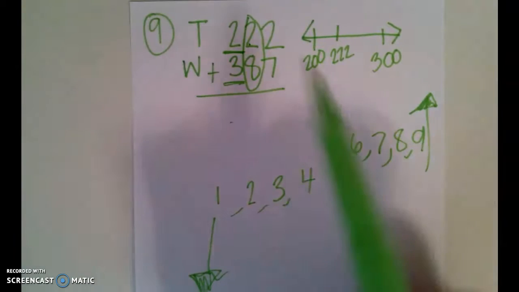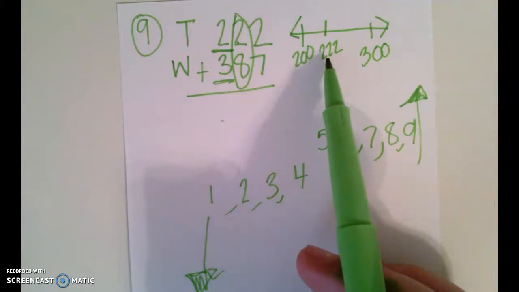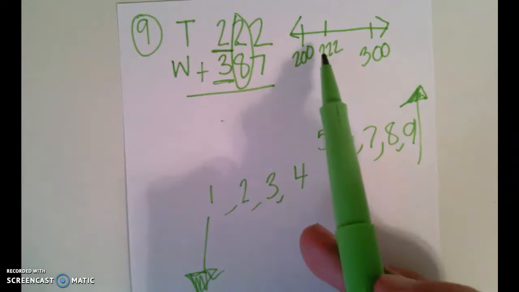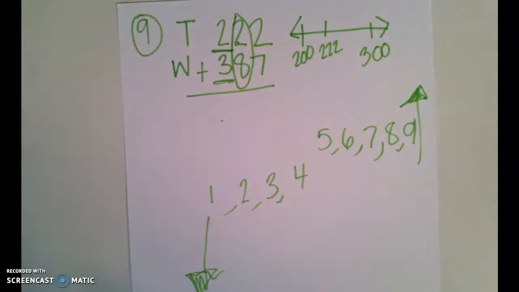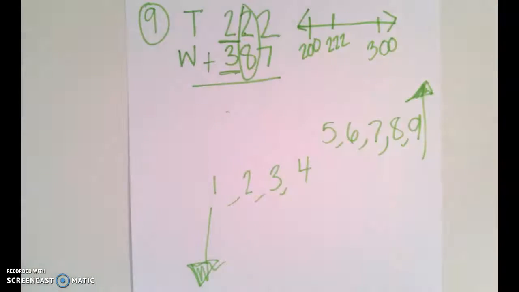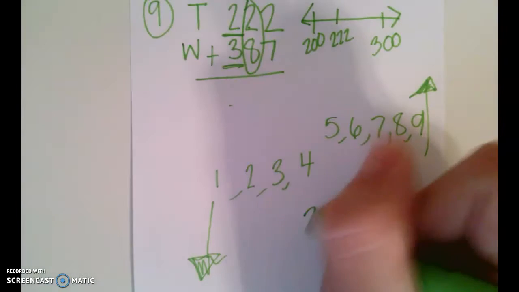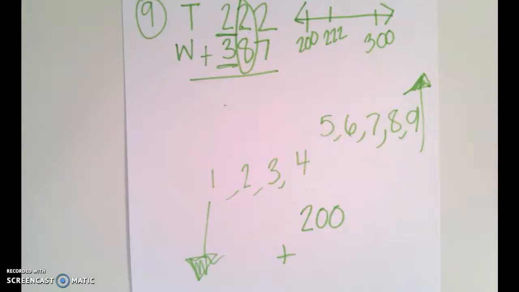So 2 tens, is that closer to 300, rounding to the nearest 100, or is it closer to 200? Do I round down or do I round up? I round down to what number? 200.